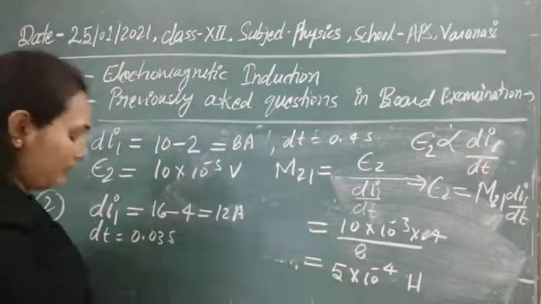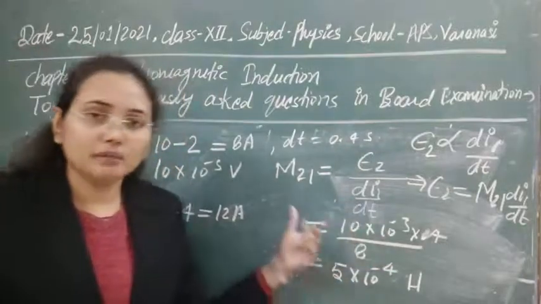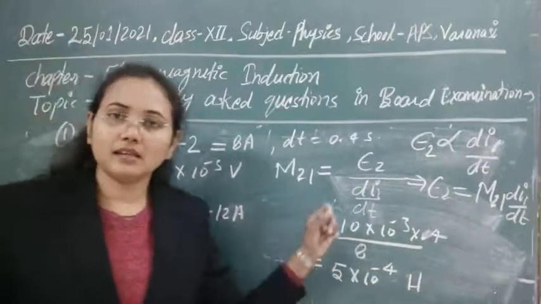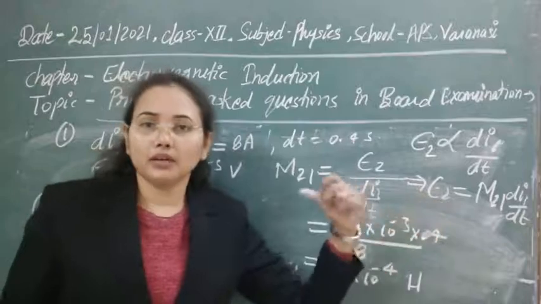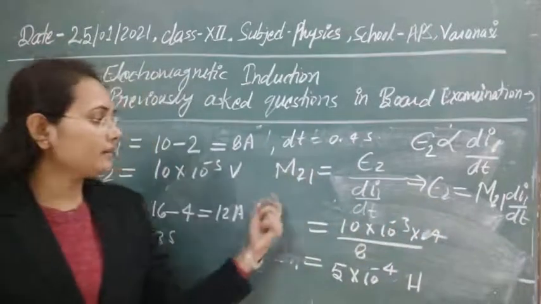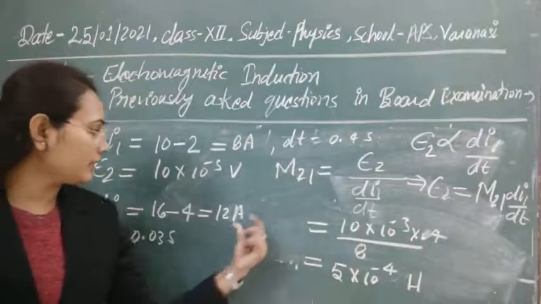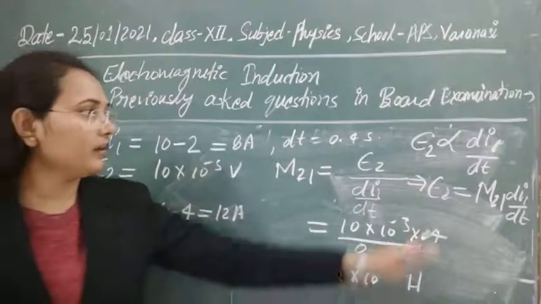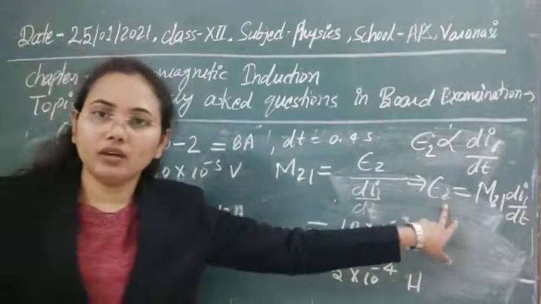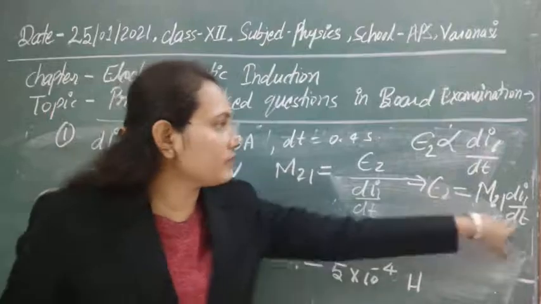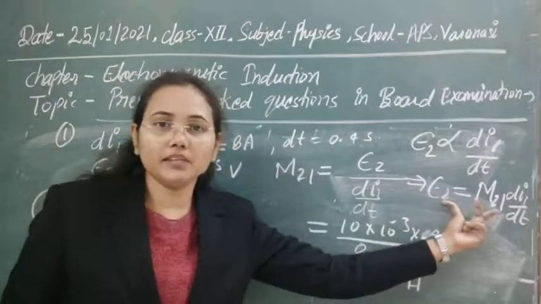So again, as we know, the mutual inductance is constant for that particular material, it means we can use this mutual inductance to calculate the value of induced EMF in the secondary coil. So here, this is the formula to calculate induced EMF in the secondary coil.